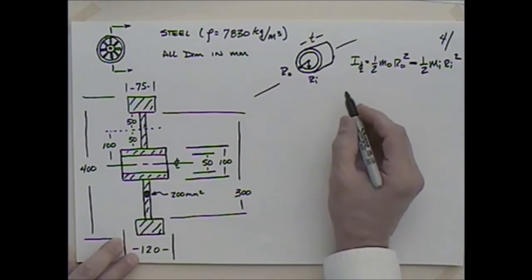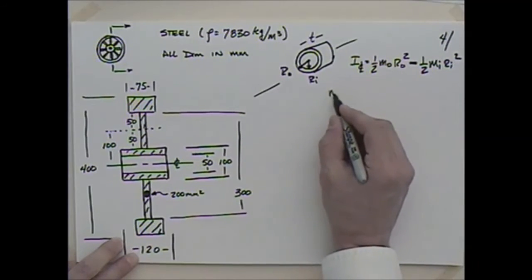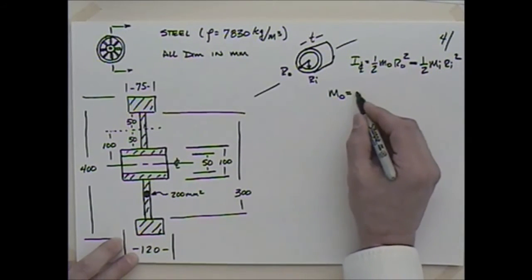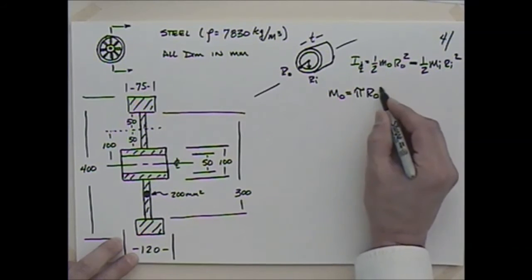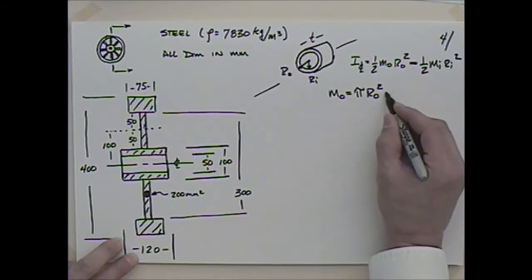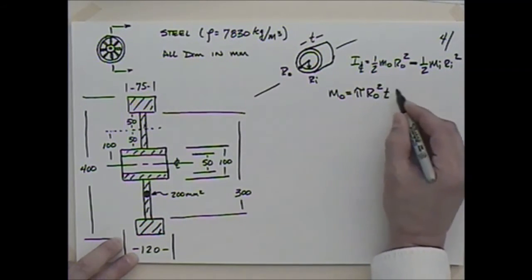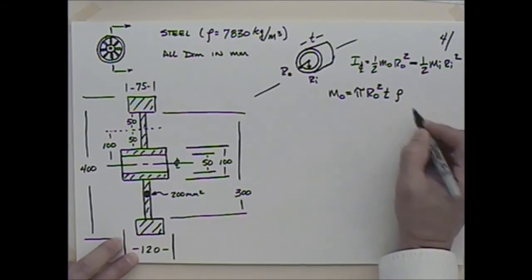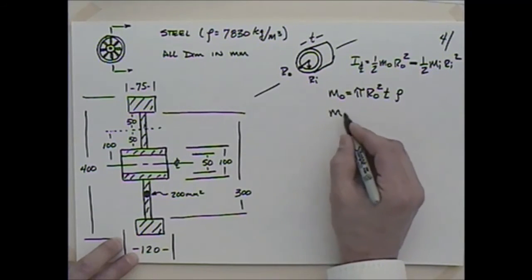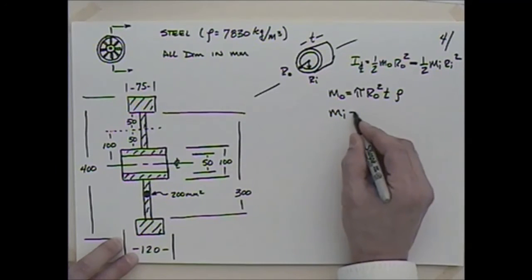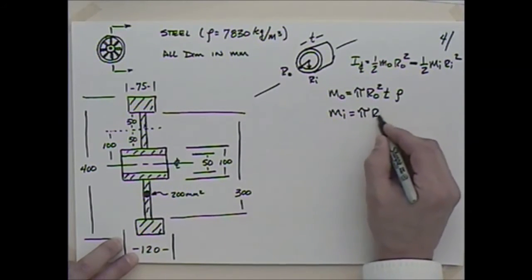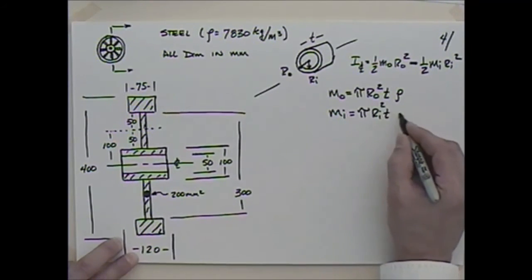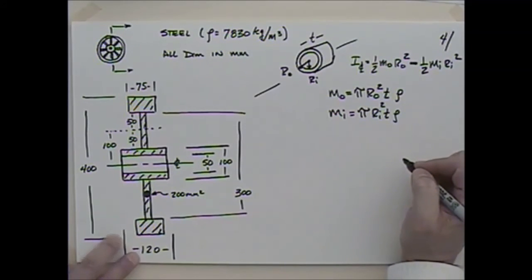Well, if I make my substitutions for my mass, I could say that Mo is going to be equal to pi times Ro squared times the thickness times the density. And likewise for Mi, that's going to be equal to pi times Ri squared times the thickness times the density rho.